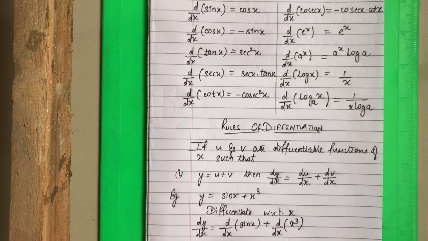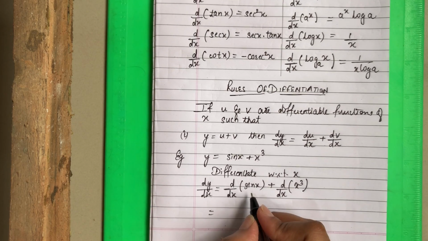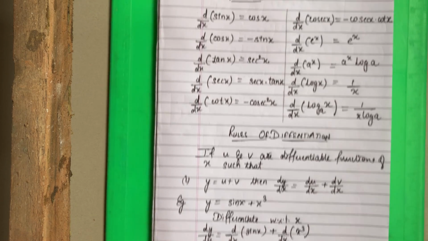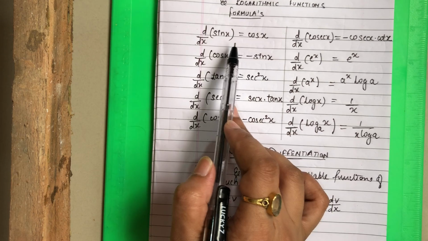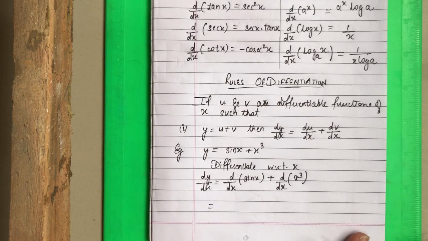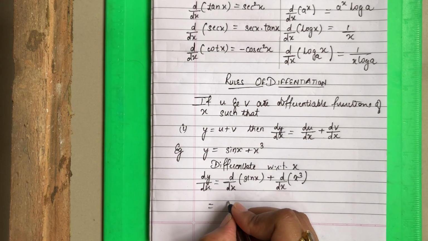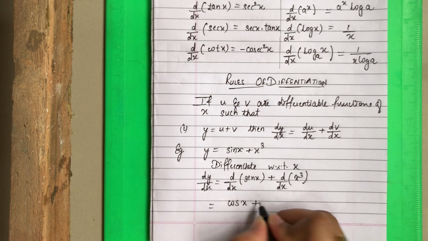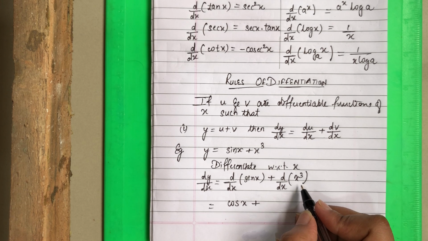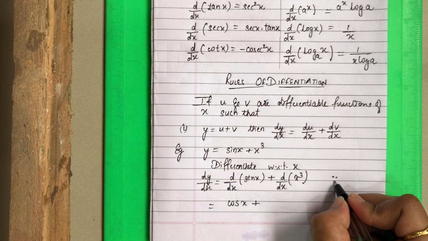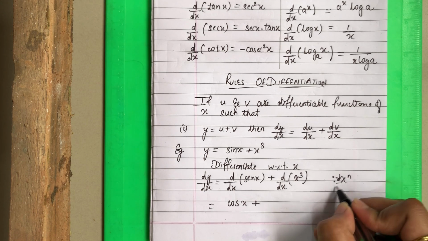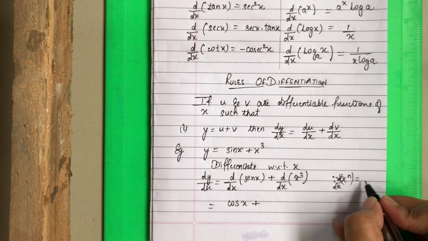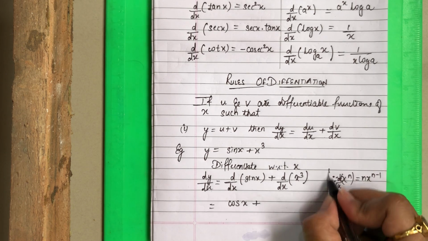Now we can differentiate this. The differentiation of sin x by using the formula we have discussed, that is differentiation of sin x is cos x. So we can write down here d by dx of sin x is cos x plus d by dx of x cube. Now in the previous session we have already discussed that the differentiation of x raised to the power n is n x raised to the power n minus 1.